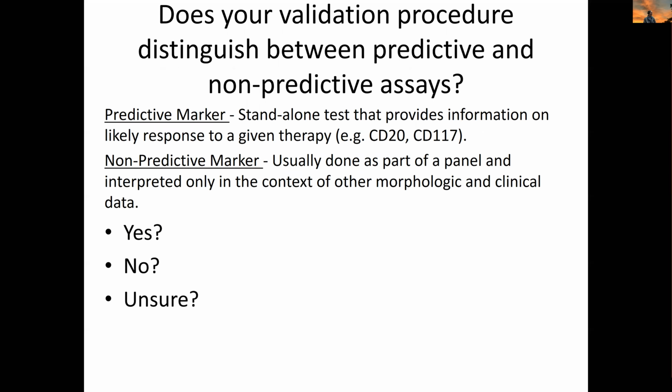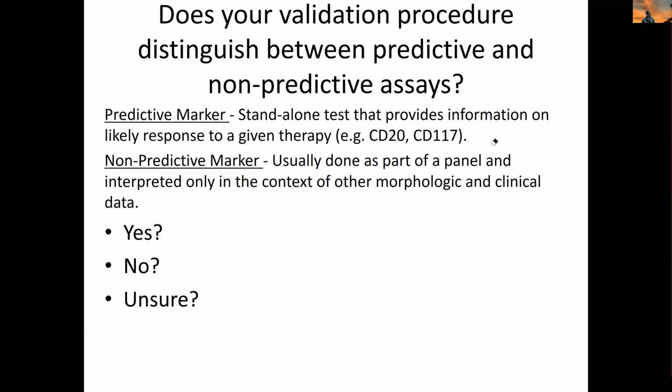Now, the second question is, does your validation procedure distinguish between predictive and non-predictive assays? So here's the clue. Predictive markers are standalone tests that provide information on a likely response to a given therapy. So an example, rituximab: what's the CD20? What's the CD117? Is this patient going to respond to imatinib?